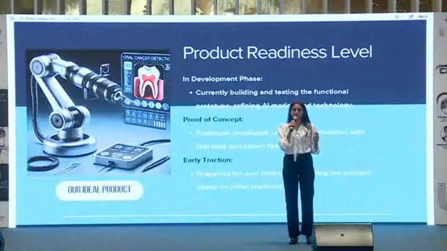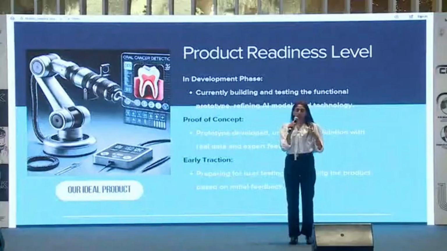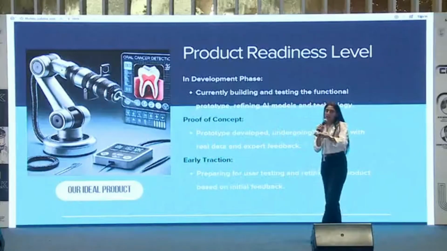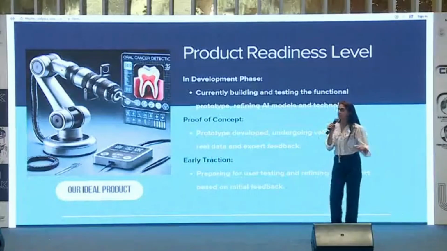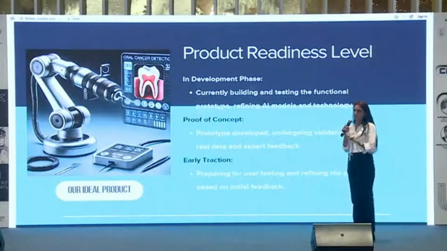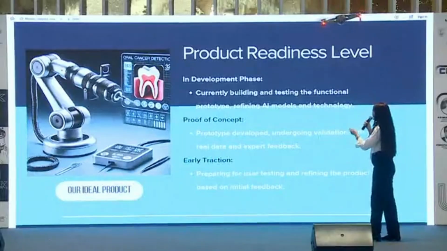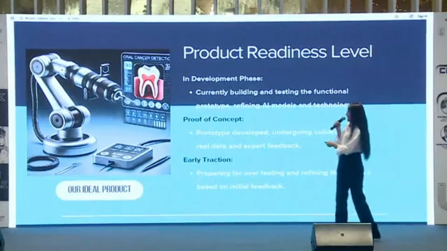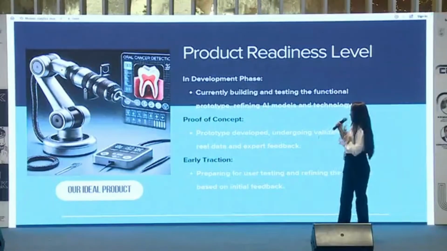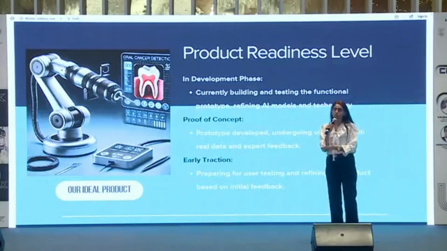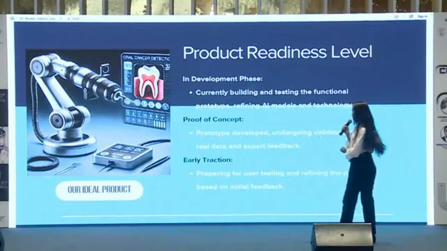We will make use of AI techniques, specifically a convolutional neural network, which is a highly impeccable neural network which will give us excellent results. So our product readiness is, it is in the development phase, and proof of concept is that we are going under validation about how we will further improve ours.